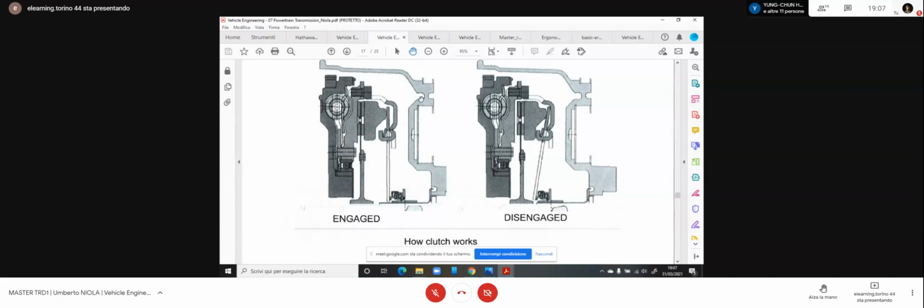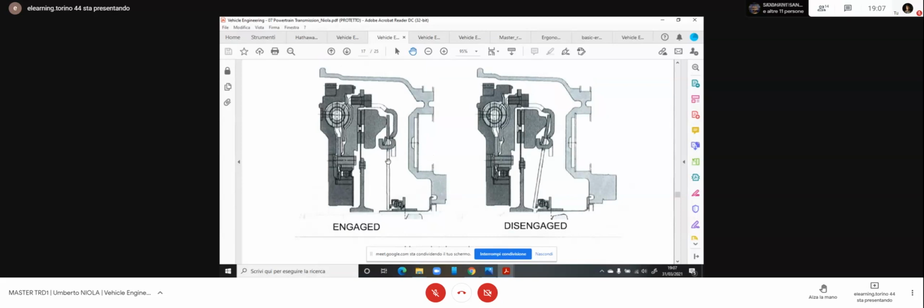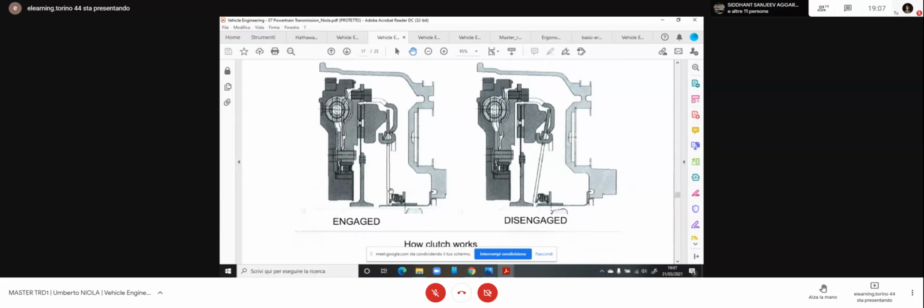If you have heard any kind of names, this is the clutch bell housing in the gearbox. So this is only the external case. This thin part is the disc. This external part is the pressure ring, which is pressed by this part of the spring.